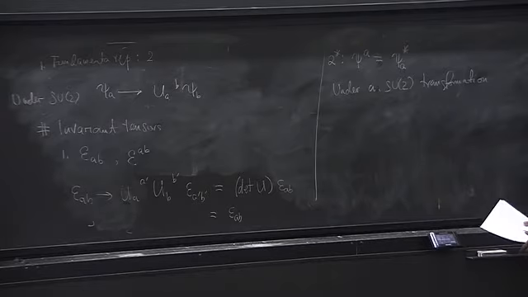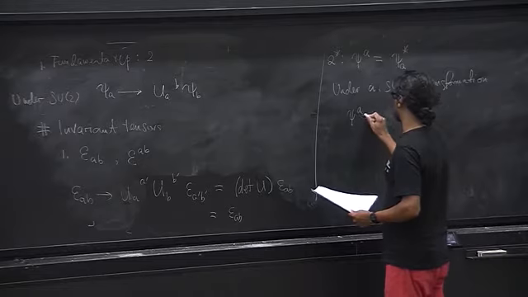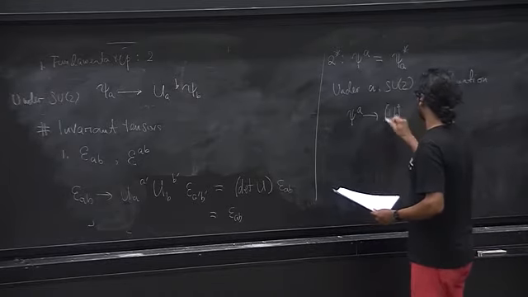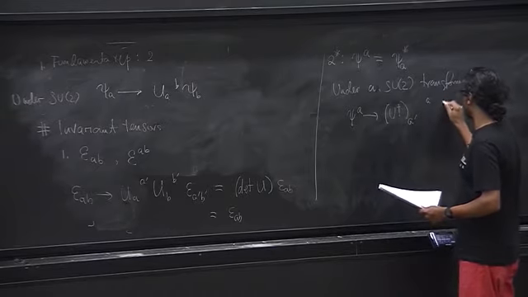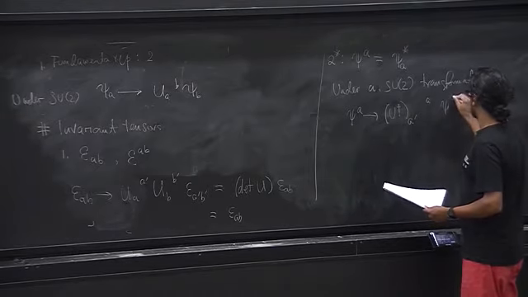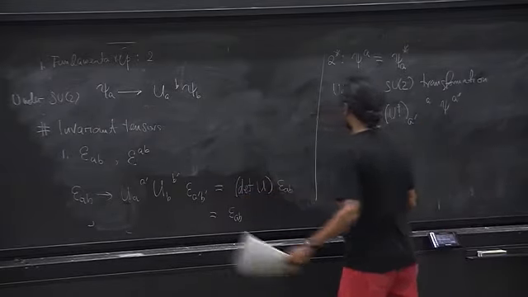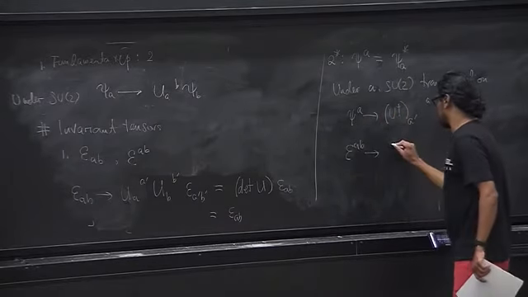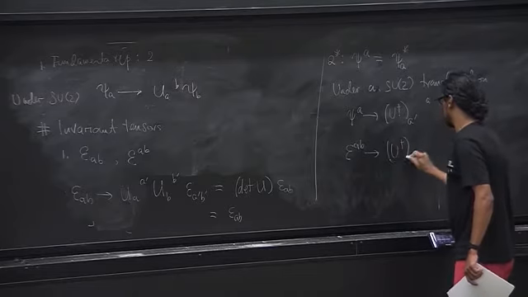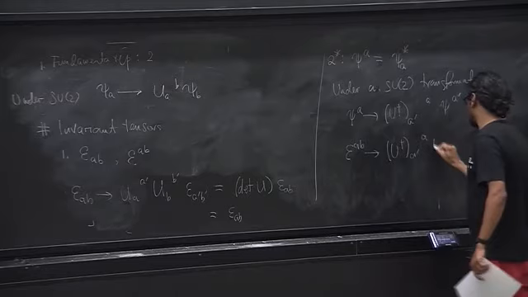Under an SU2 transformation, this thing goes like U dagger of A tilde A prime times psi of A prime. And this object, because it has indices upstairs, should transform with the U dagger matrix.